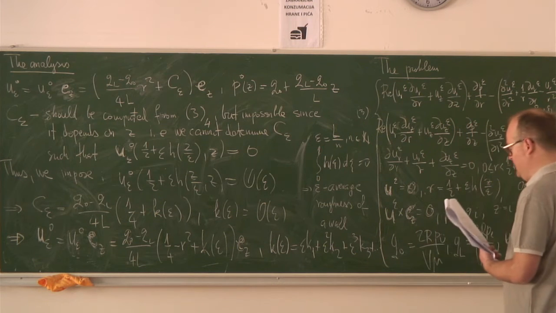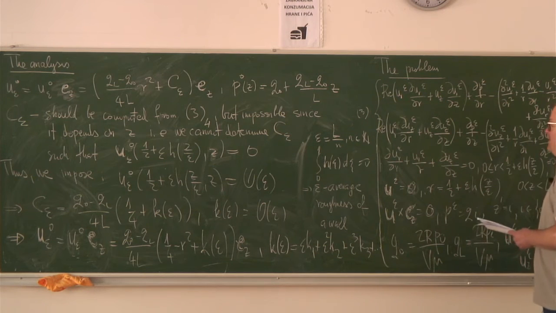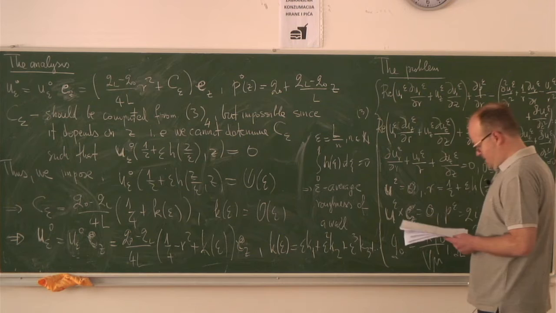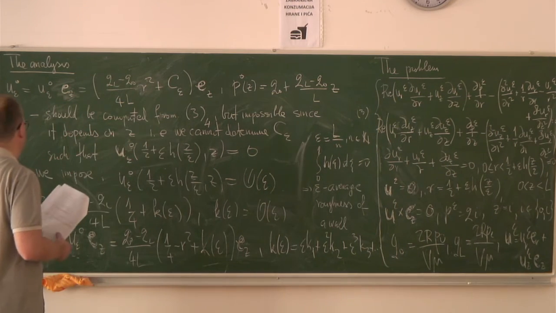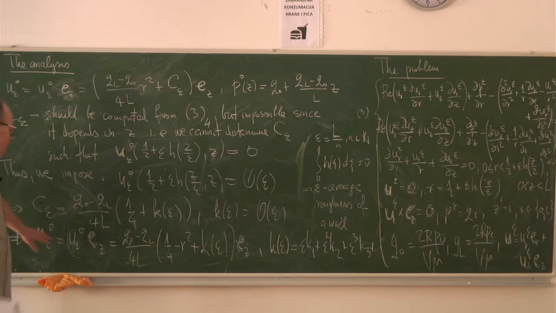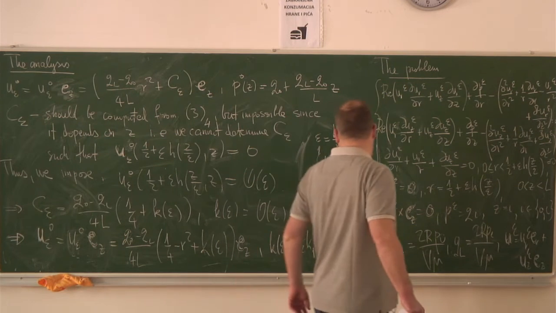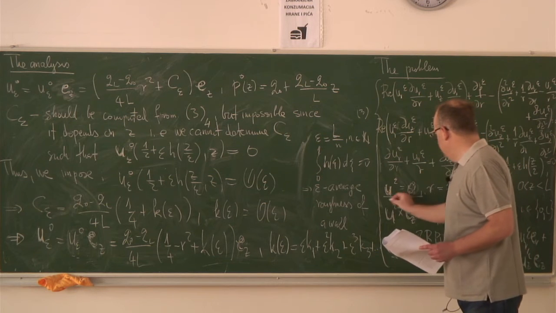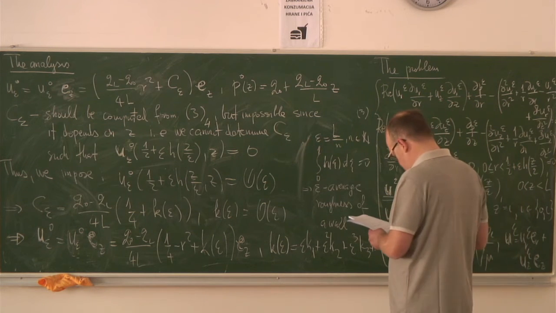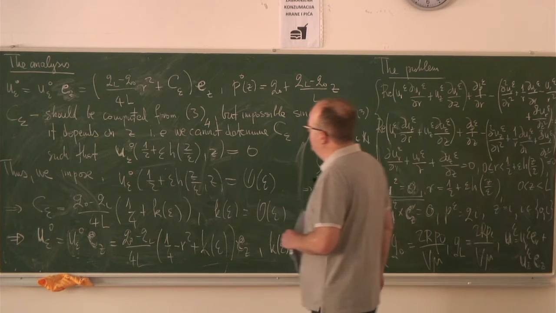Like this. And this constant will play a very important role in the further analysis. Okay, now, so this here is the correction of the Hagen-Poiseuille velocity. And now we use this. We concentrate on the boundary condition and obtain the following.